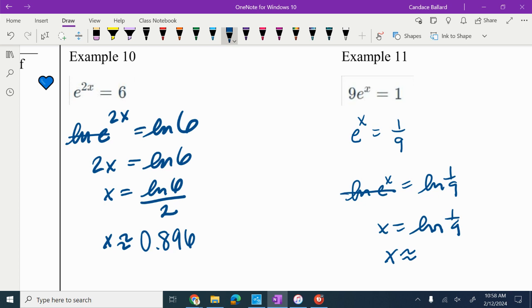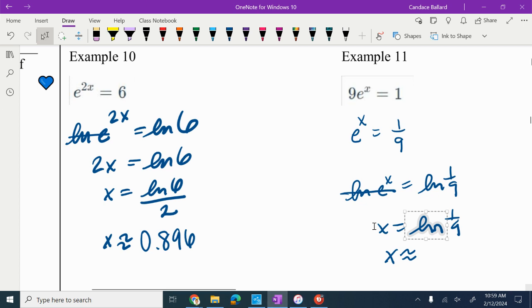Okay, everybody put it in your calculators for me, please. Okay, so everybody's doing that for me. All right.